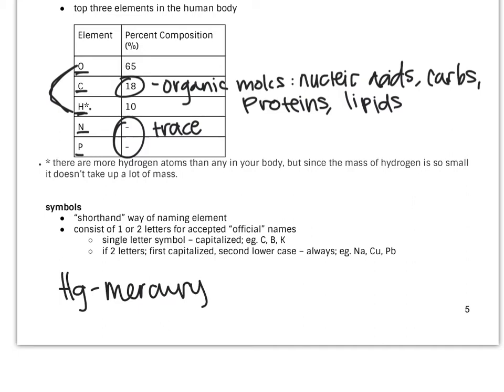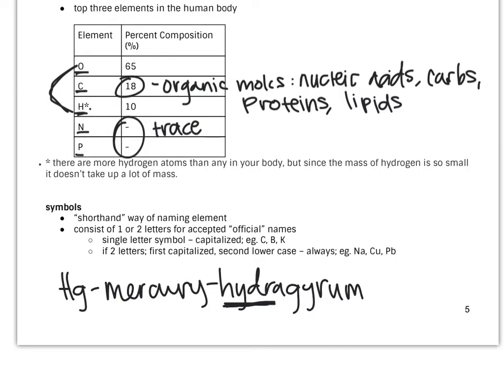And the Hg symbol for mercury derives from the Latin hydrargyrum, which I'll spell for you. Which, if we think back to our bioterms, hydra means water.